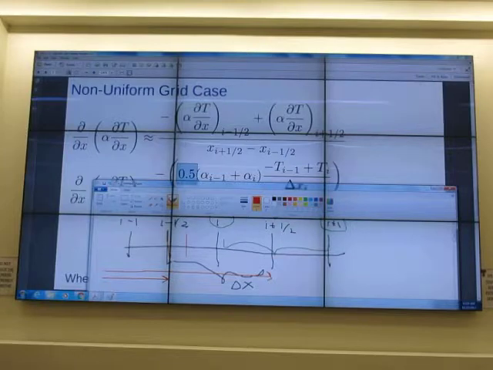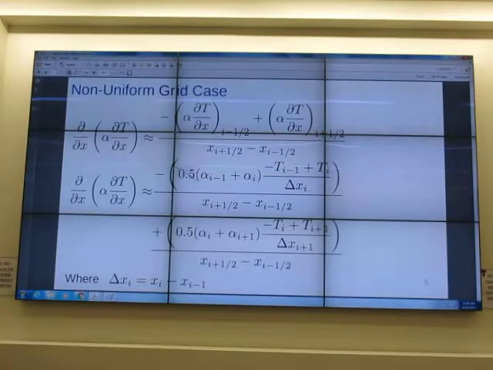Okay? So that 0.5 there is written as a shorthand, by assuming that we understand it's not right. But I don't want to write it too long. You don't actually use 0.5, you have to use some coefficient over here, some coefficient over there. Linear interpolation. Make sense?